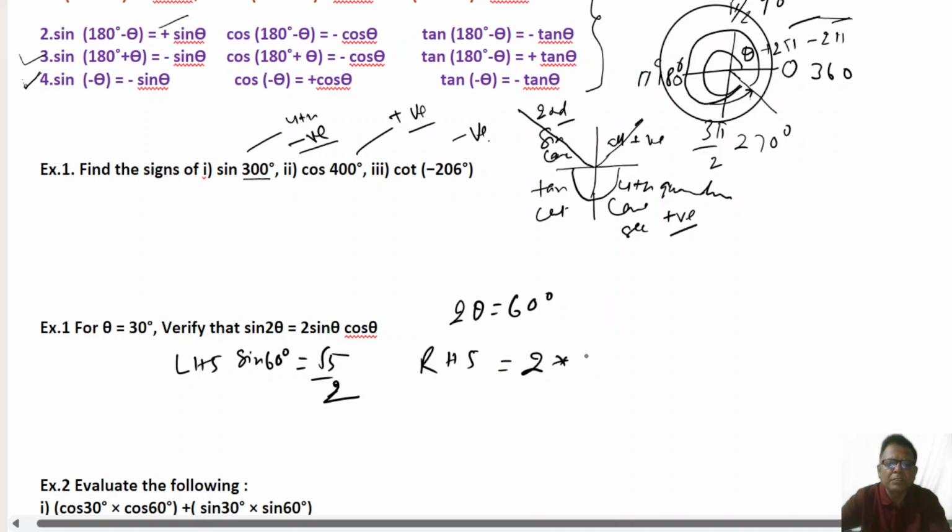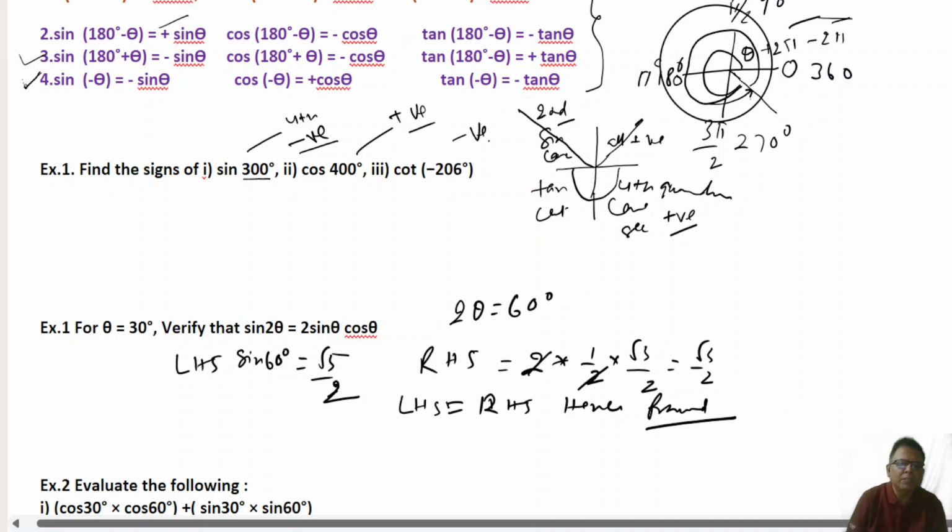Sine 30 is 1 by 2 and cos 30 is root 3 by 2. So this cancels, and it is root 3 by 2. Then LHS is equal to RHS, as proved.